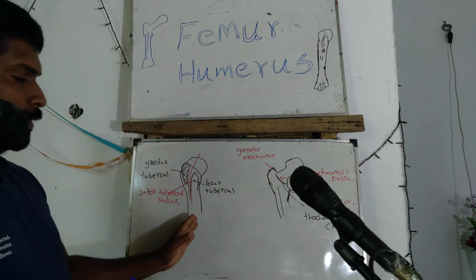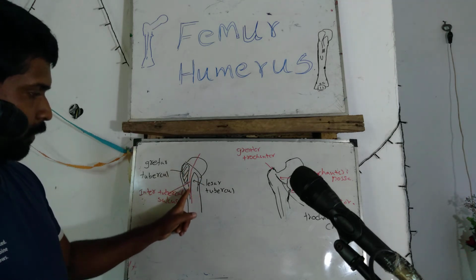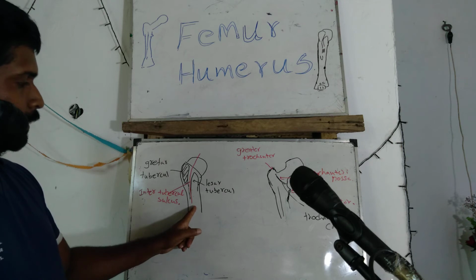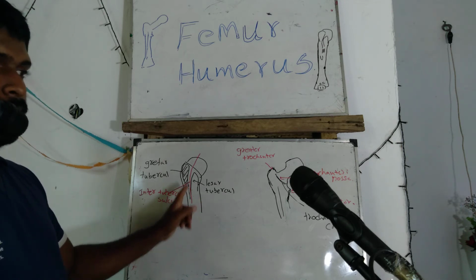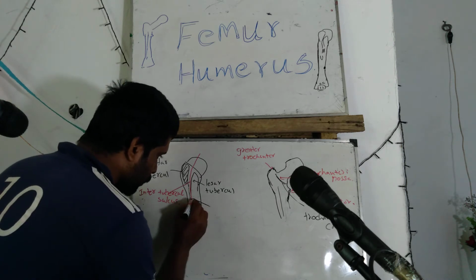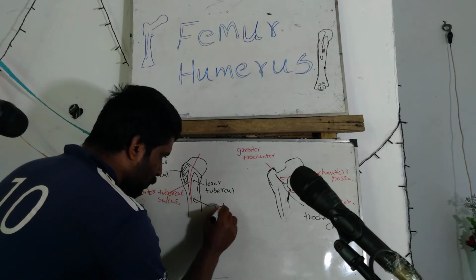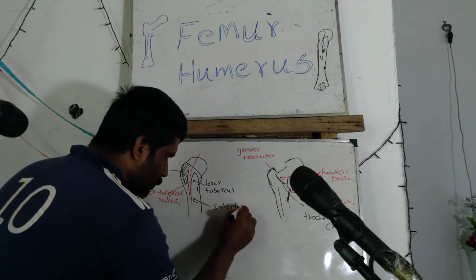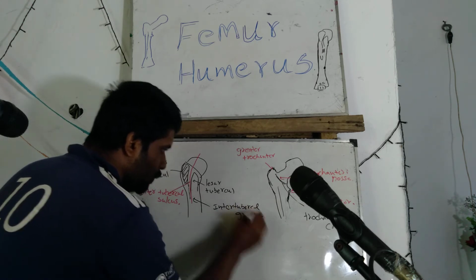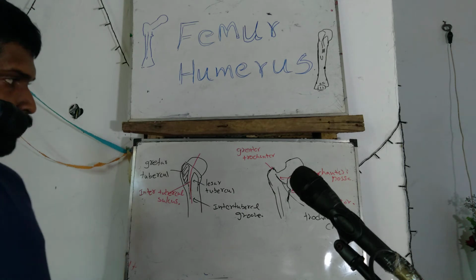Now come to the humerus head. This line goes downward and is called the intertubercular groove.